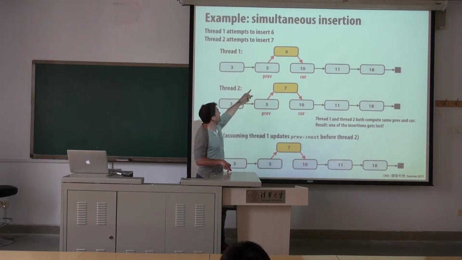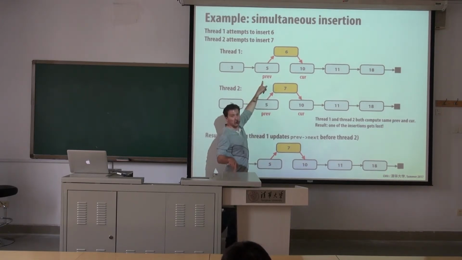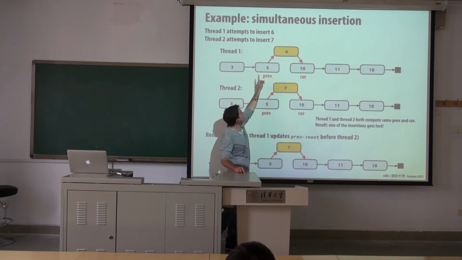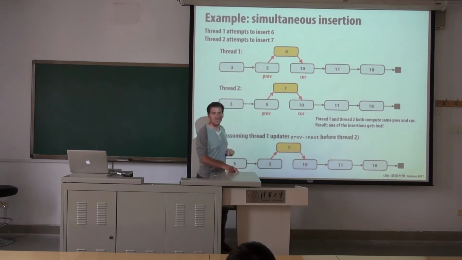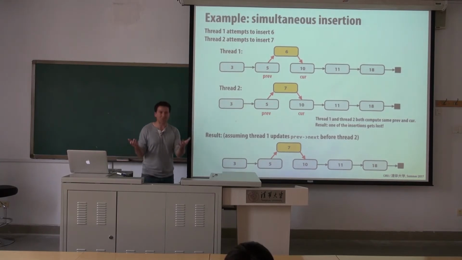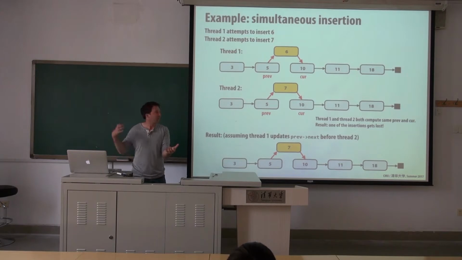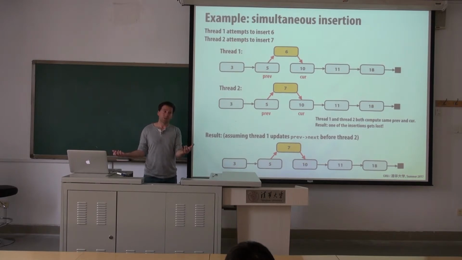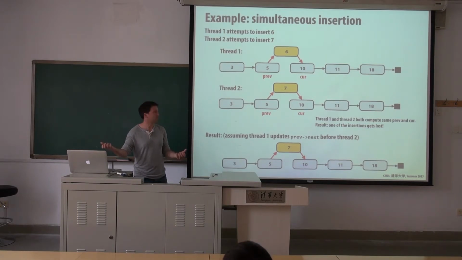So thread 1 will say node 5 should point to node 6, and node 6 should point to 10. But right after that, remember thread 2 is sitting here with previous still equal to 5, and current still equal to 10. So thread 2 is going to make previous's next pointer point to my new node, 7.